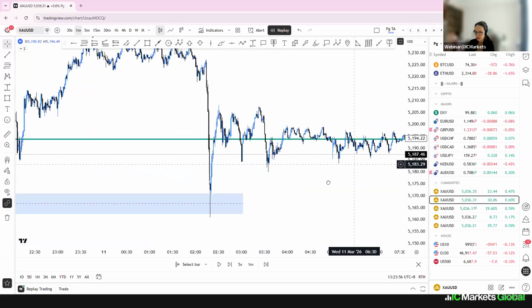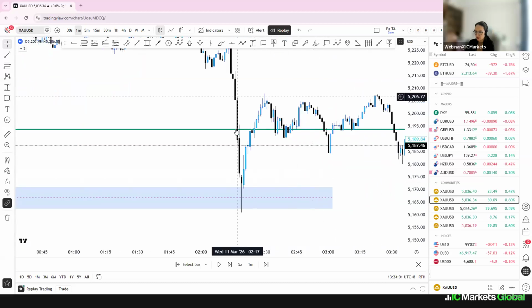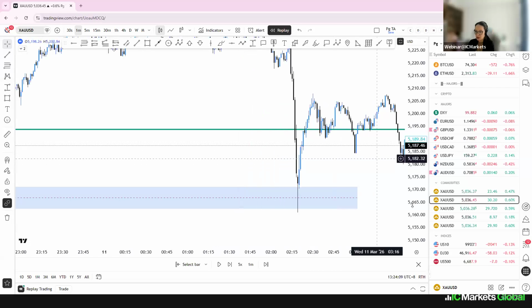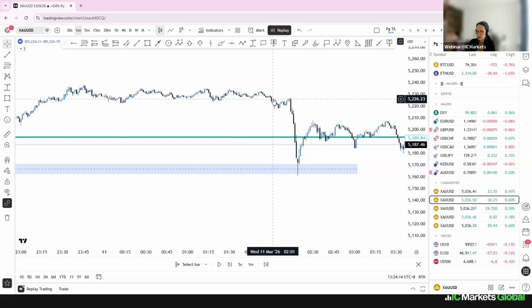Maybe on the M1, this candle triggers your buy order, you open your buy entry here, and price keeps falling, then goes back up, and then falls again. Then you have to ask where the next zone is that price is likely to bounce or reverse.